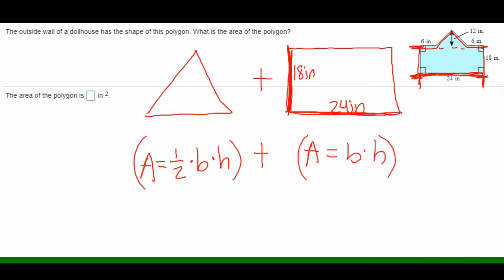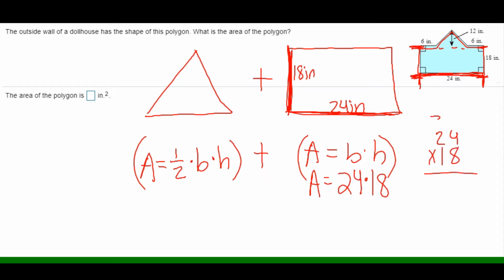I need to find the area of my rectangle by substituting these two into my formula. So area equals base, my base is 24, and my height is 18. So I can multiply 24 times 18 and get my answer.